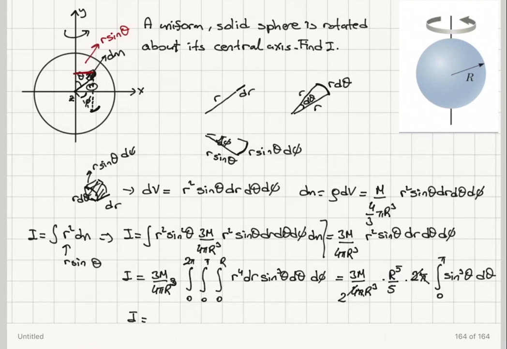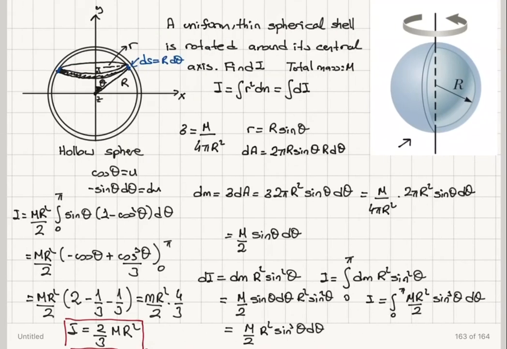The pi will get rid of the pi, so 3M, so this 3 will make this 2, 3M R squared over 10 multiplied by the integral from 0 to pi of sine cubed theta d theta.